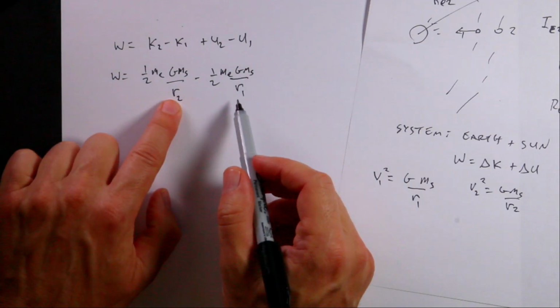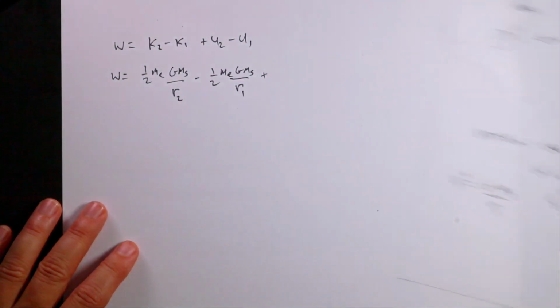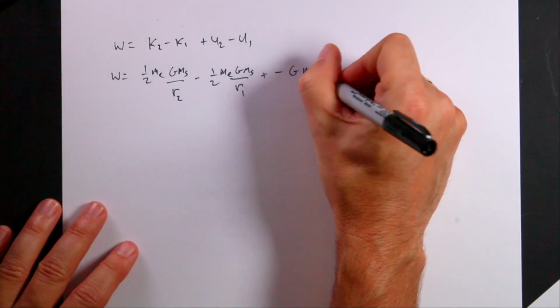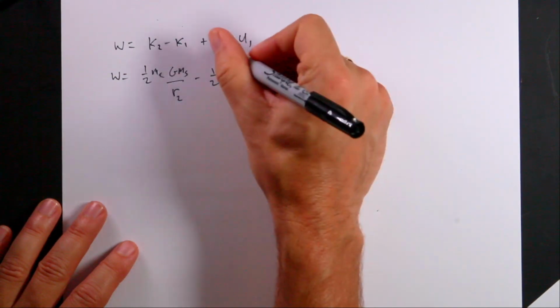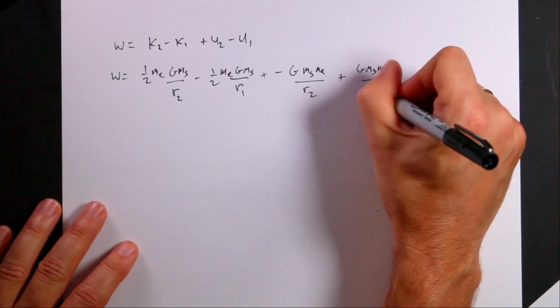And now I have to do the final potential minus the initial: negative G mass of the Sun, mass of the Earth over R2, minus a negative, plus G mass of the Sun, mass of the Earth over R1.